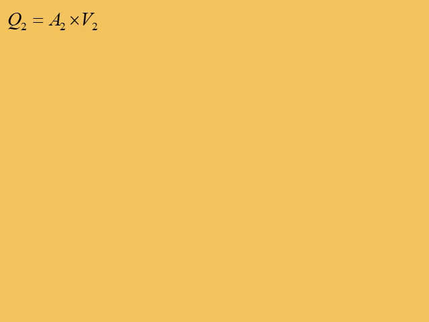Next, the discharge at section 2, or pipe 2, is calculated using the formula Q2 equals A2 into V2. We know the area as well as the velocity in pipe 2, and the discharge in that pipe is 0.0628 meter cube per second.